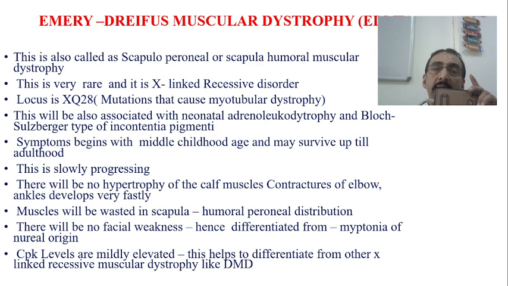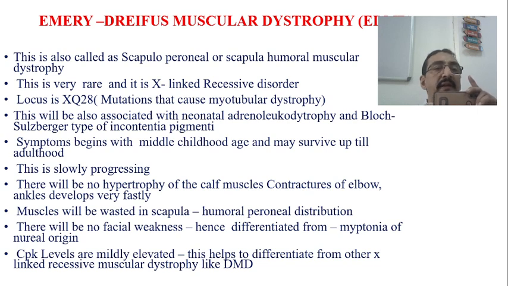If you recall the 10 patterns of muscle weakness that I explained a few days back, there we can find one type of distribution where the muscles of the shoulder, the upper limb, and the face area get affected. So this is one such distribution: scapuloperoneal or scapulohumeral muscular dystrophy.